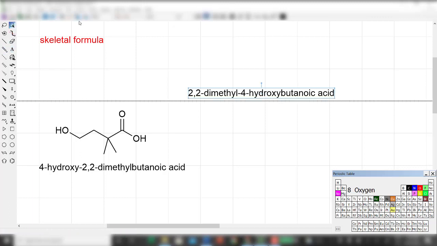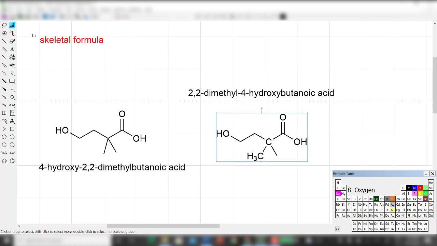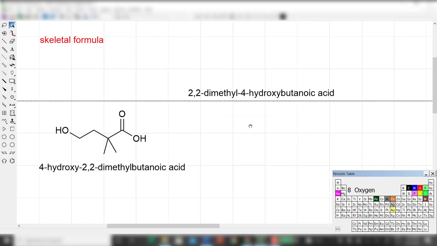What's going to happen? Actually, it doesn't matter because you can still get the structure. It's still the same structure. So the naming is more of an academic interest rather than who is right and who is wrong. Even if you name it wrongly, chemists will still know what you're trying to say.